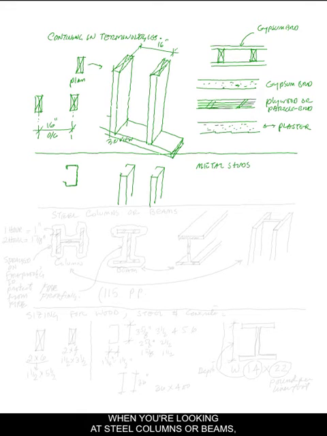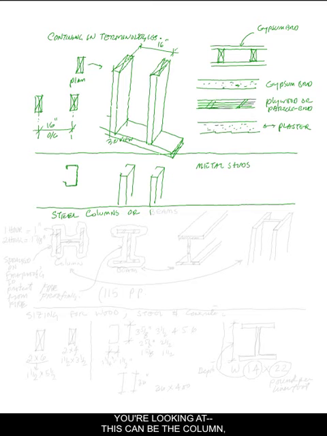When you're looking at steel columns or beams, you're looking at, this can be the column, and the symbol is shown in this manner.